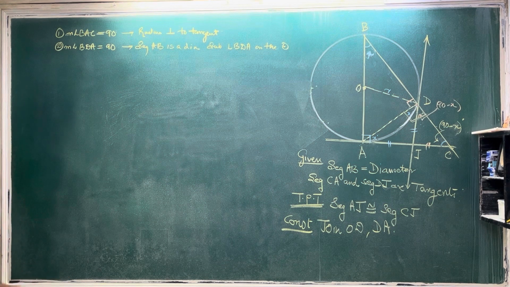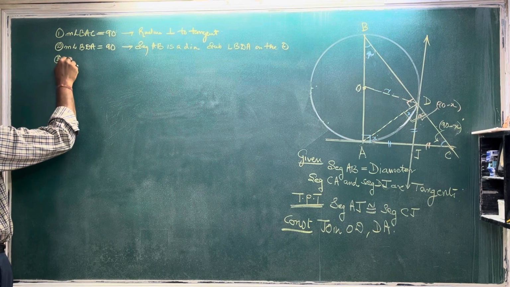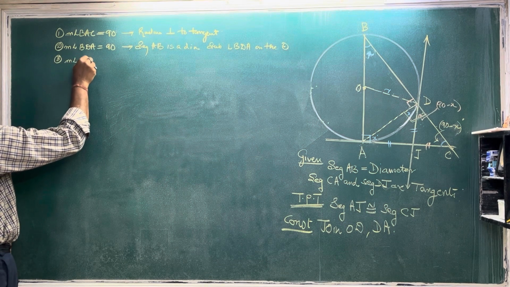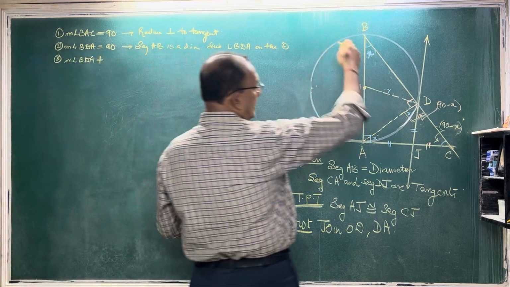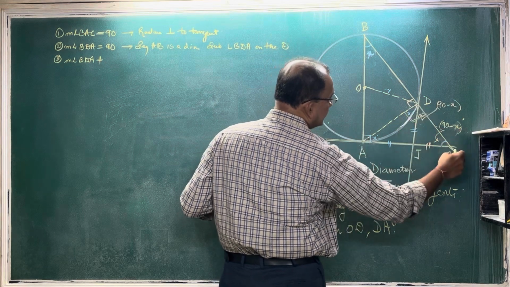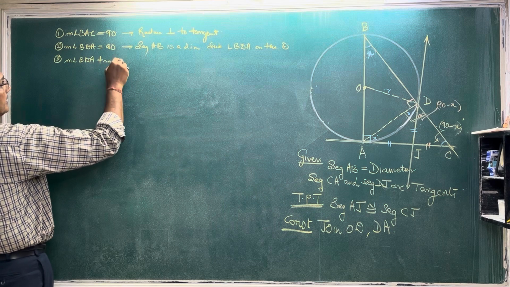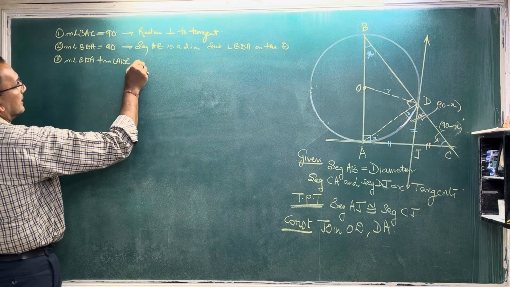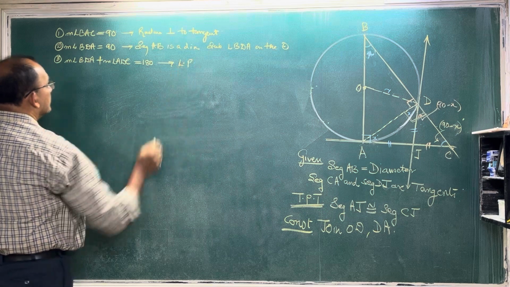Okay. Now, if I apply the linear pair property, third point: measure angle BDA plus measure angle ADC will be 180 by linear pair.